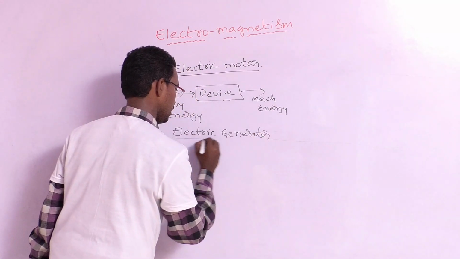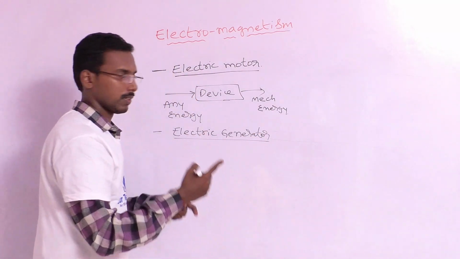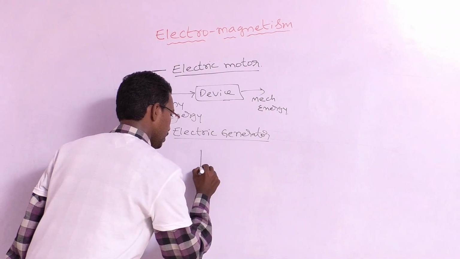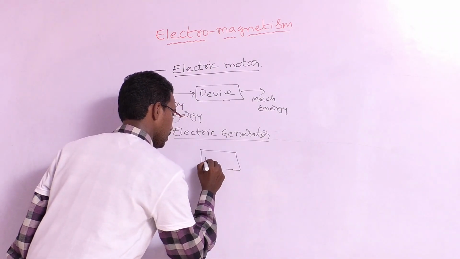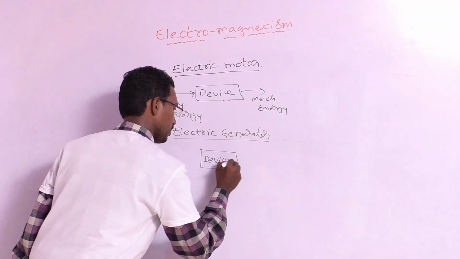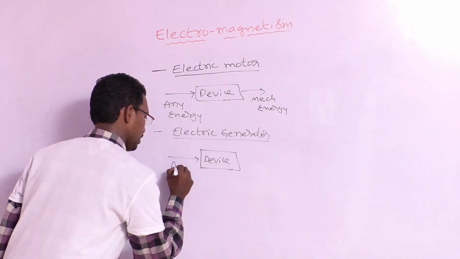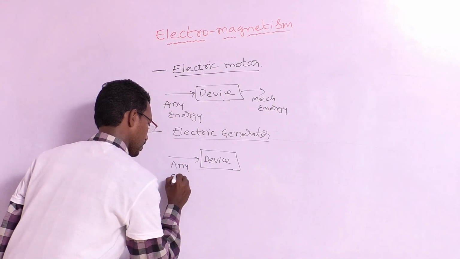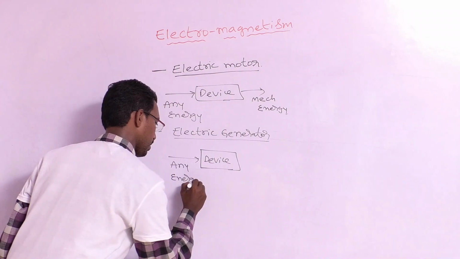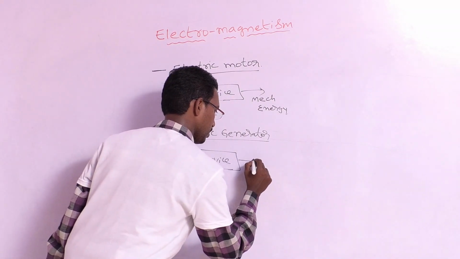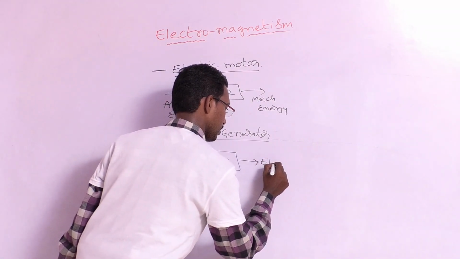Similarly, what is meant by an electric generator? An electric generator is nothing but the reverse of this. It is a device which converts any format of energy into electrical energy.